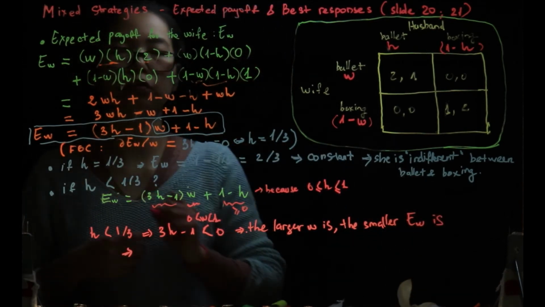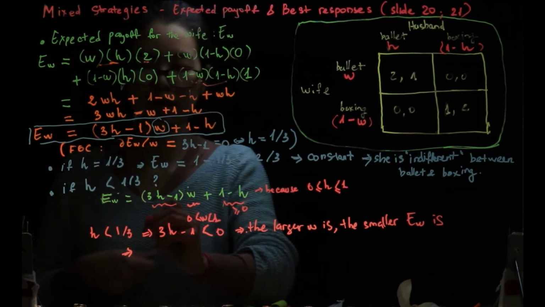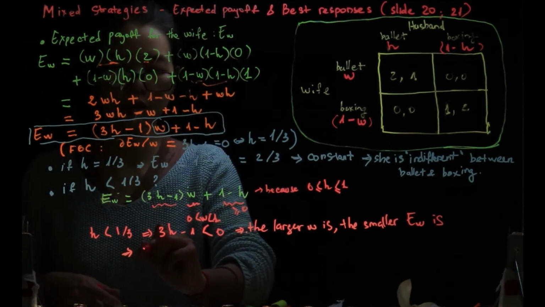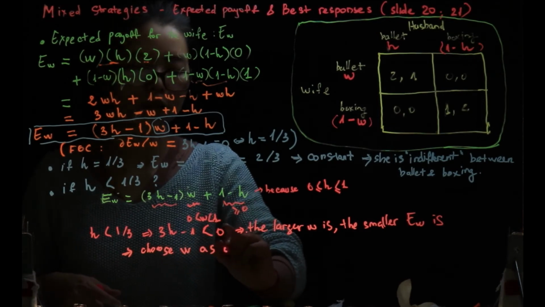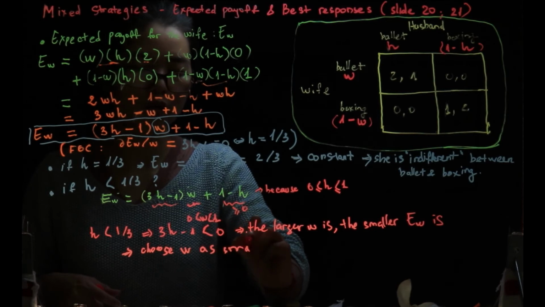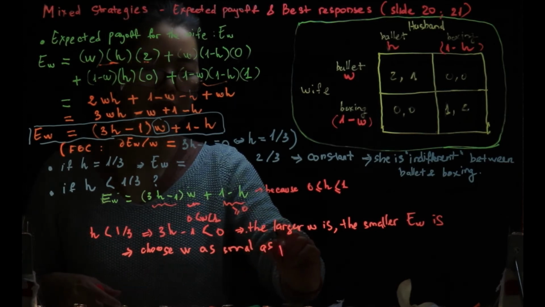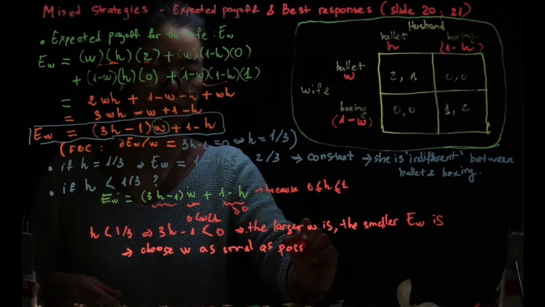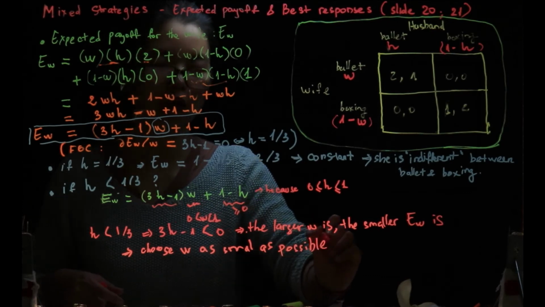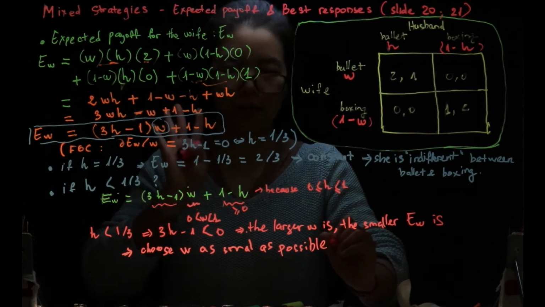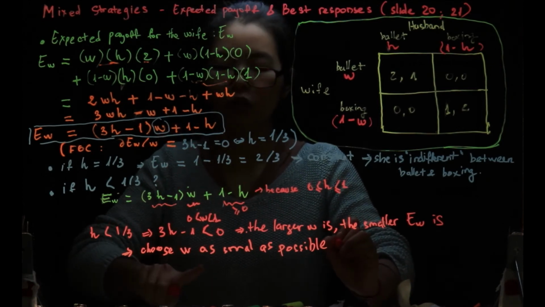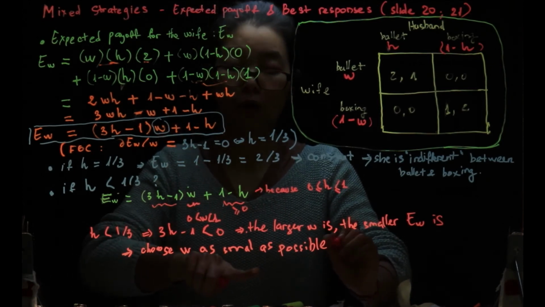Consequently, if I were the wife, I would choose W as small as possible. This is what is written on the slide, and I'm explaining to you why this is the case. Now, choose W as small as possible.